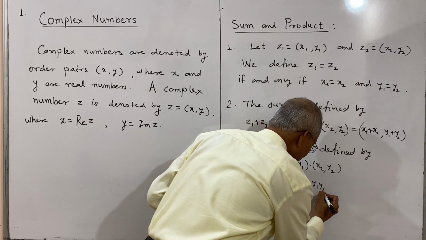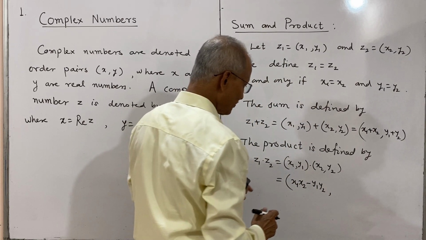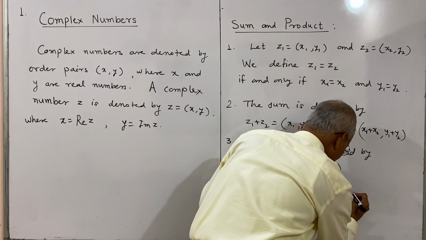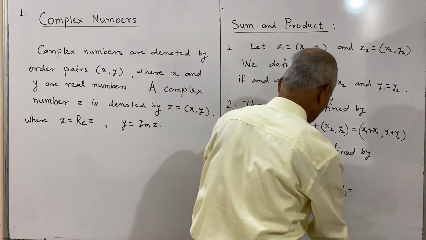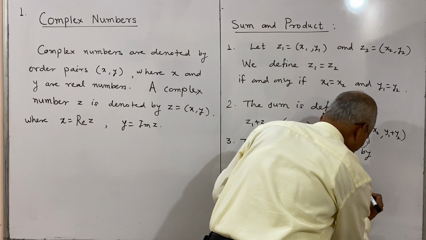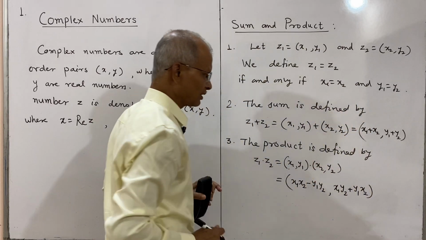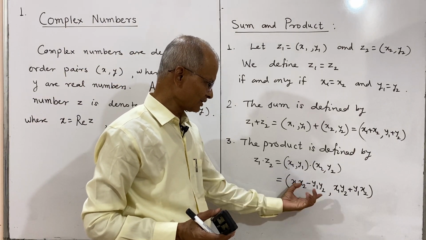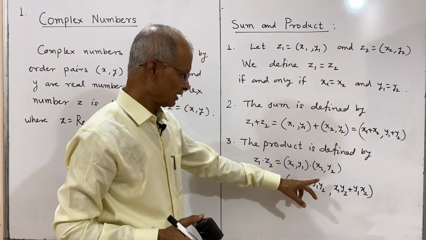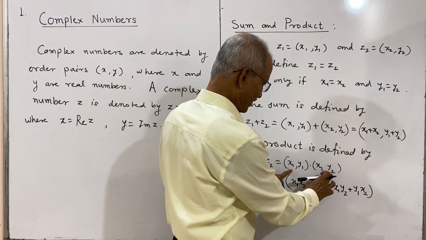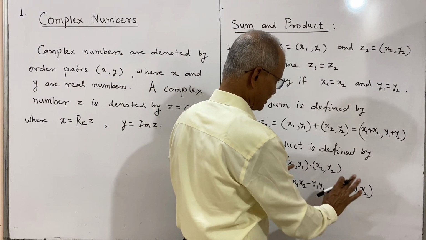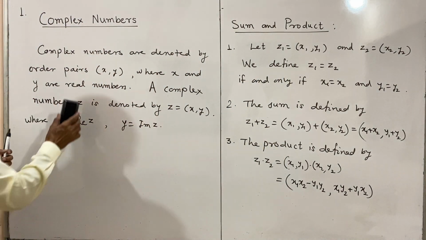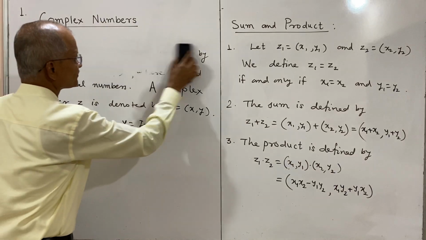This is the real part, and the imaginary part is x1 y2 plus y1 x2. In this way the product is defined. Note that x1 x2 minus y1 y2 is the real part in the product, and the imaginary part is x1 y2 plus y1 x2. So in this way the sum and the product of two complex numbers are defined.